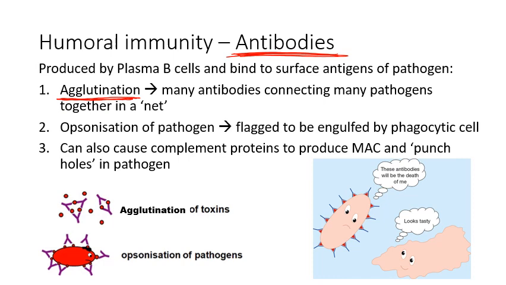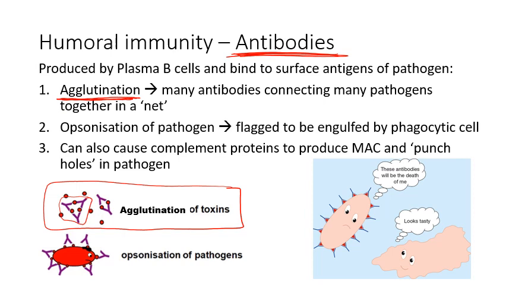So here is a diagram of agglutination that is occurring to a toxin. So this might have been a toxin that a bacterial cell has released. And because multiple antibodies are clumping multiple non-self antigens together, this is a form of agglutination.